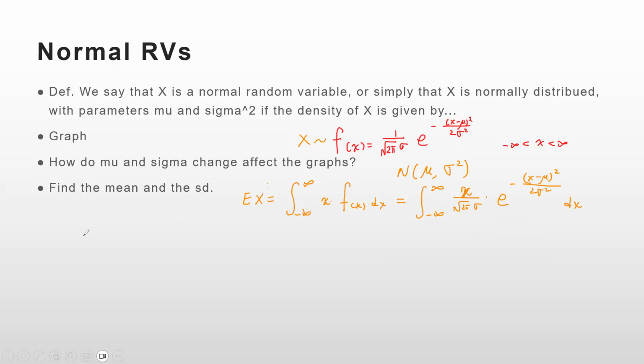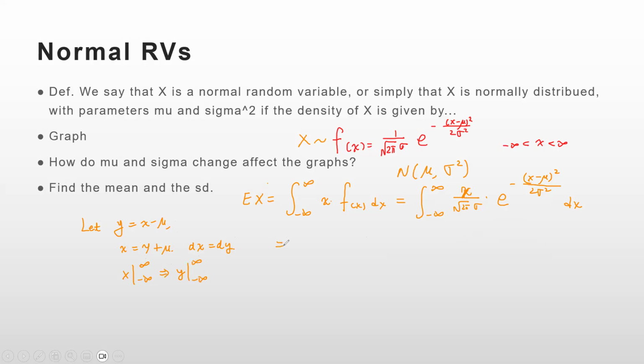The key is to use a substitution. So let y be x minus mu. So x equals y plus mu, dx equals dy, okay? And when x runs from negative infinity to infinity, we know y also runs from negative infinity to infinity.